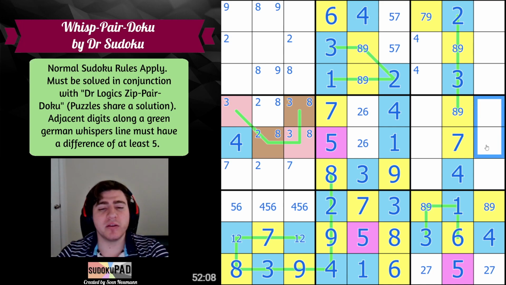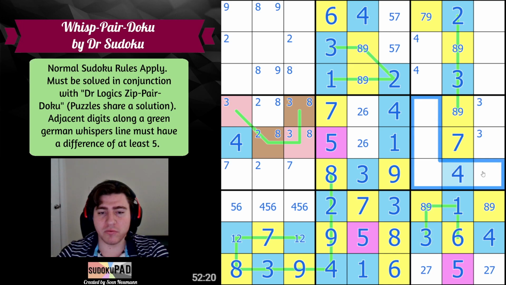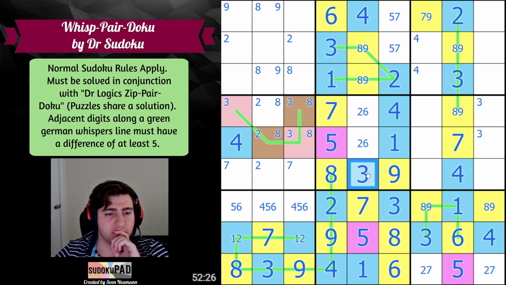Oh, you mean the pencil marking? Well, yeah, but that's just Sudoku. Oh yeah, I didn't see the three to the left of it. Shoot. Never mind.